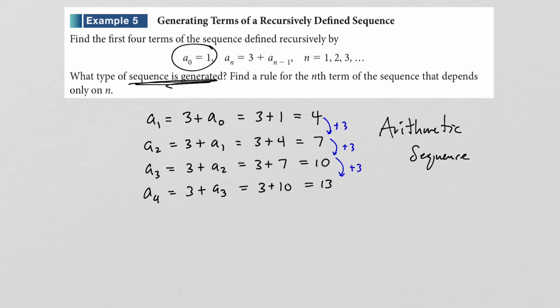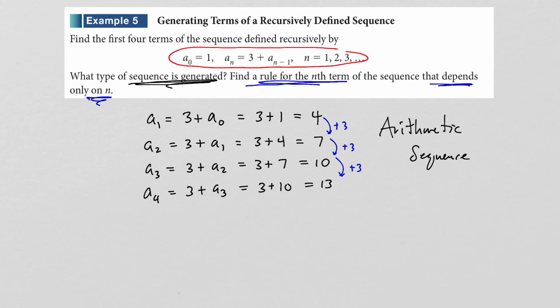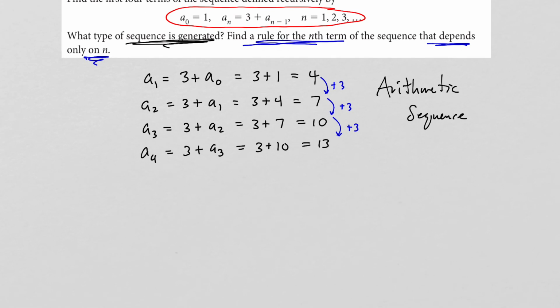So because it is an arithmetic sequence, you should be able to find a rule for the nth term of the sequence that depends only on n. In other words, we don't have to write the rule recursively like they did here. We can write it directly. So what is the nth term of an arithmetic sequence?